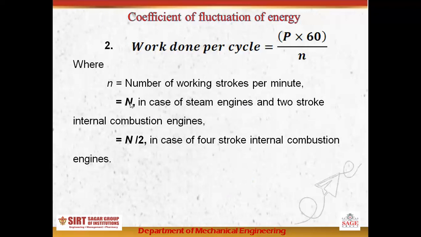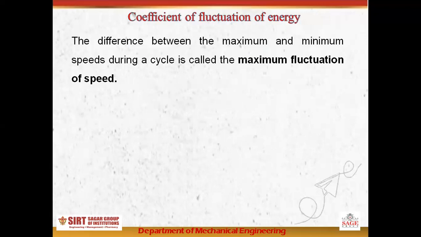The value of small n in the case of the steam engine and 2-stroke IC engine is capital N, and in the case of the 4-stroke IC engine, it is N by 2. So this is how we calculate the work done for the coefficient of fluctuation of energy.